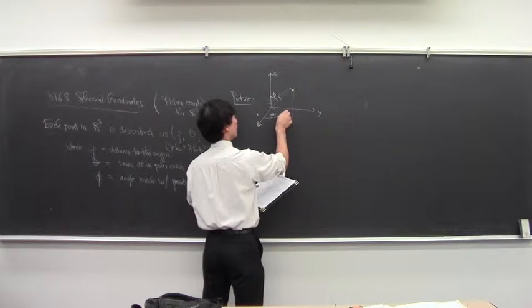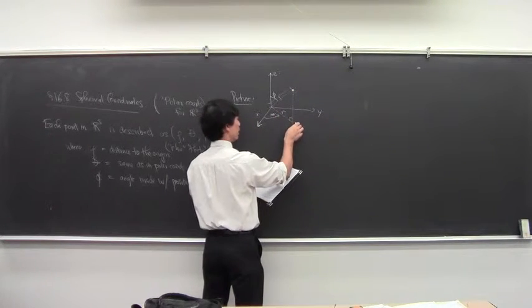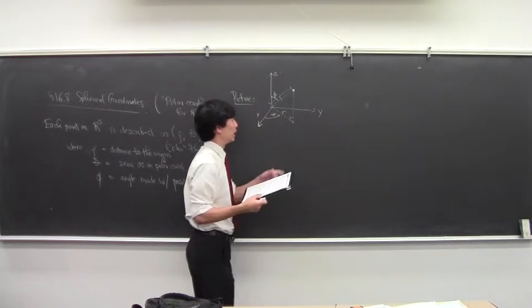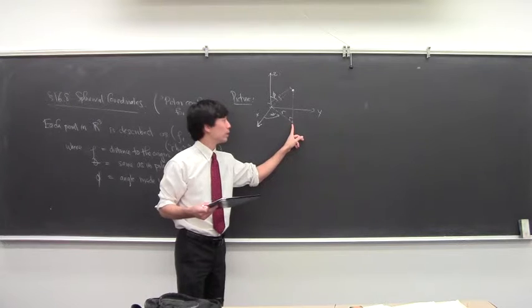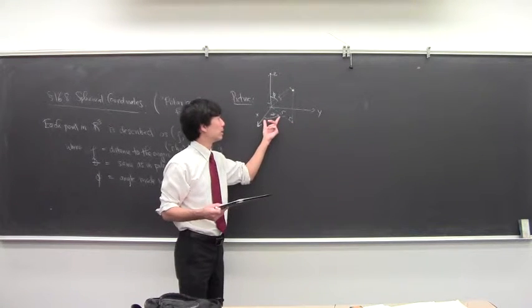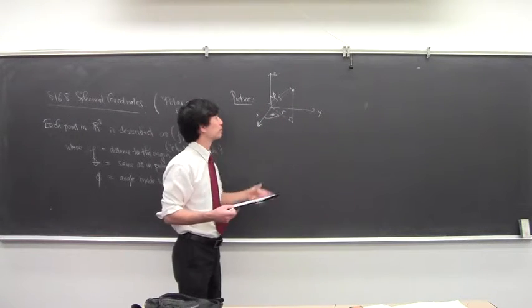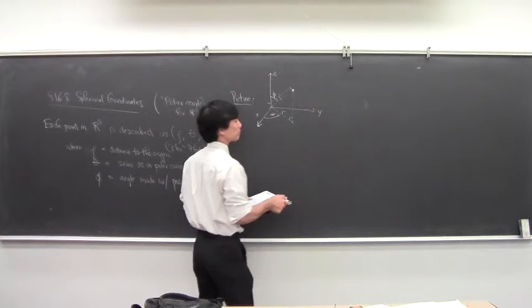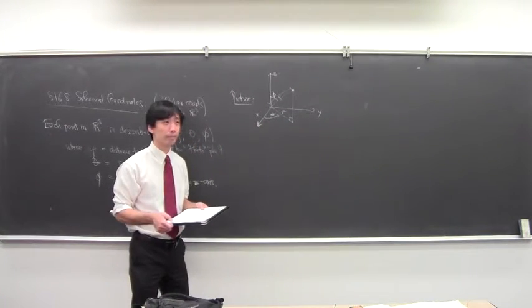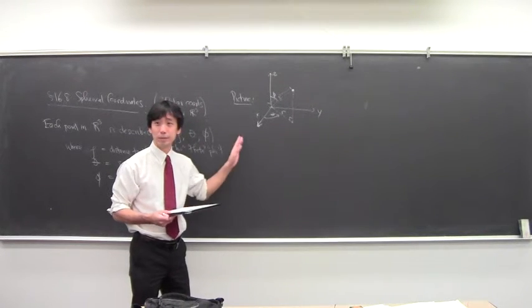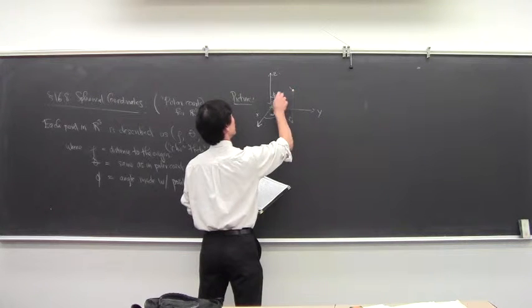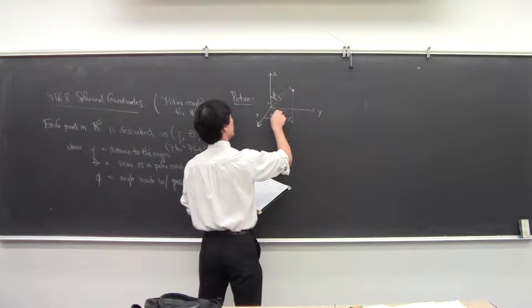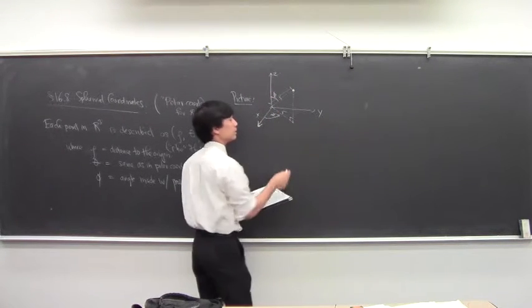So if we call this thing r, then this point in polar coordinates on the xy plane would be r, theta. So we're basically using the theta from polar coordinates. Everyone see that? So rho is this, theta is this, and phi is this.